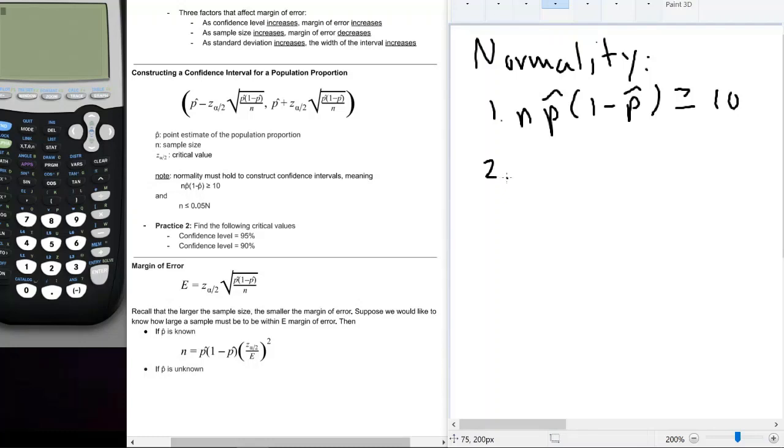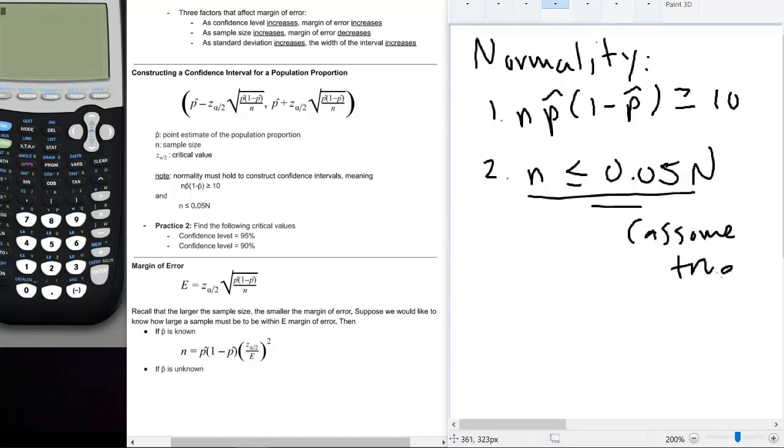And second, lowercase n, that's your sample size, must be less than or equal to 0.05 times capital N. Capital N is your population size. So what this means is the sample you take must be less than or equal to 5% of the overall population size. In your homework, you will always assume part 2 to be true.